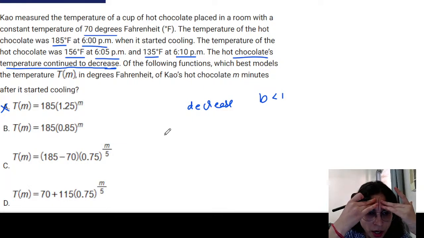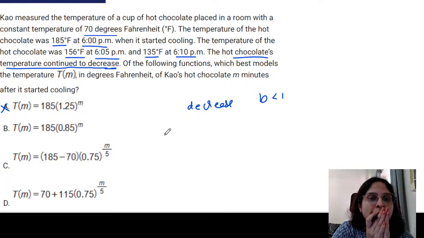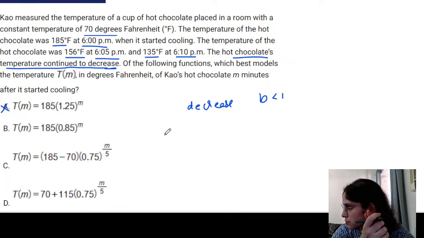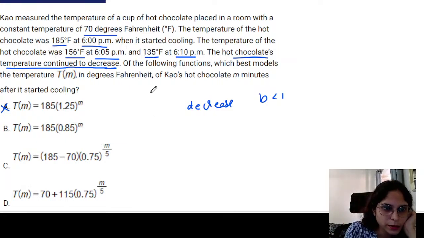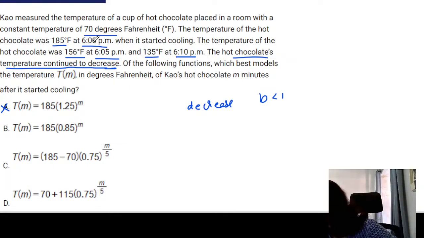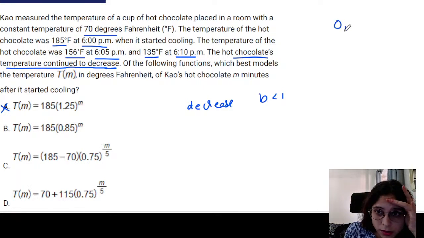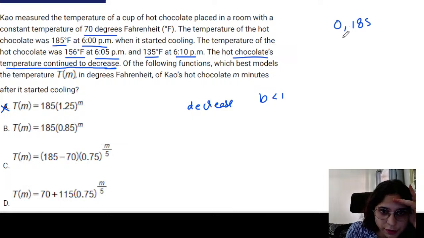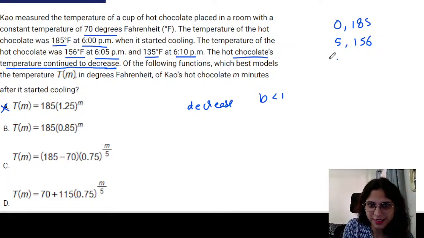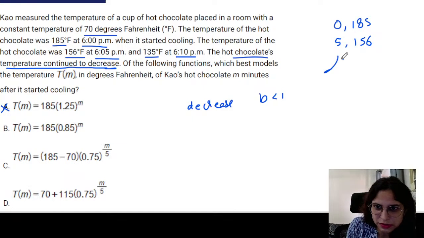And the points you have, let's say after 6 p.m., 0, 185 is the first point, 5, 156 is the other point, 10, 135 is the third point.